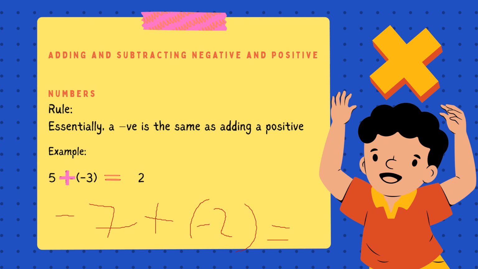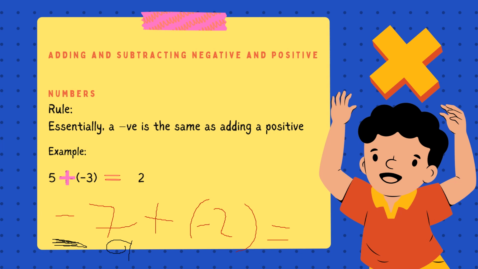So negative 7 plus negative 2 equals negative 9. Okay? Negative 7 plus negative 2 equals negative 9. Since the signs are the same, which is the negative and the negative, you add the numbers.